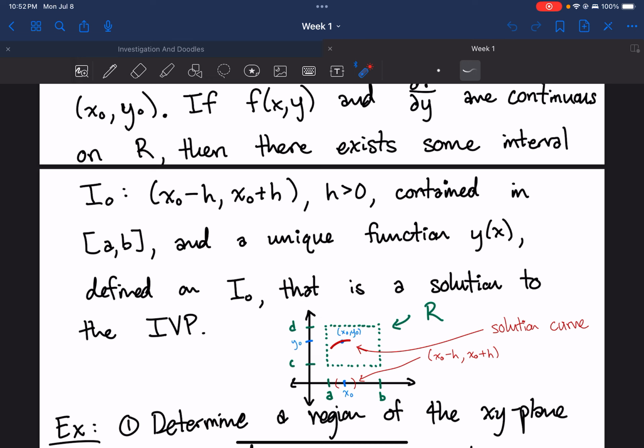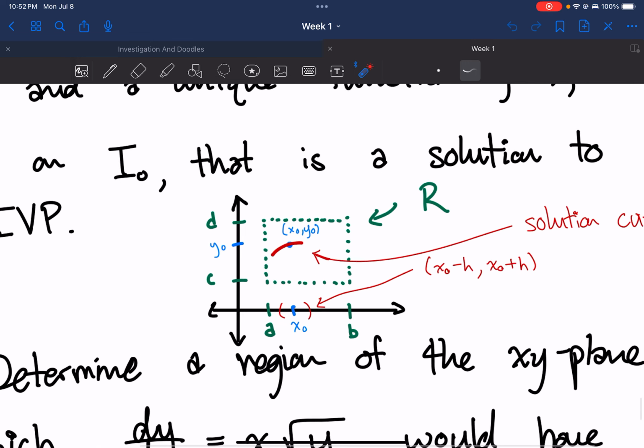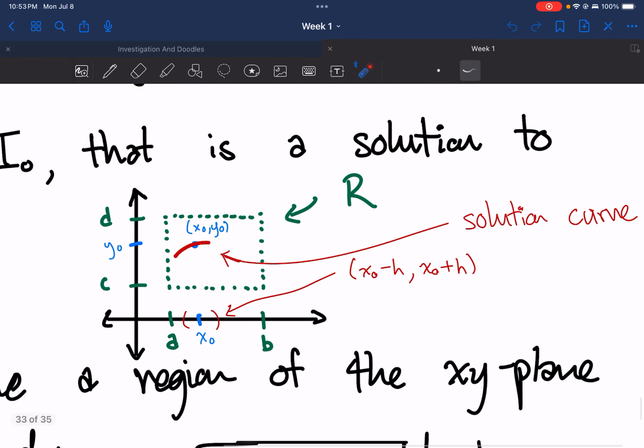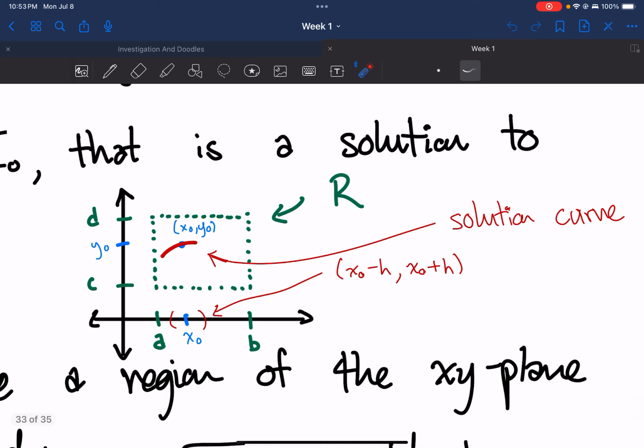It's very wordy, I understand. Here's a little picture, maybe this will help. The idea is you have some point x naught, y naught in the plane. You have this rectangular region R defined by x between a and b, y between c and d.